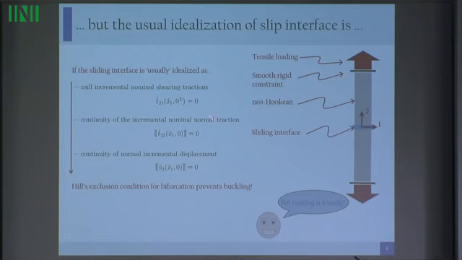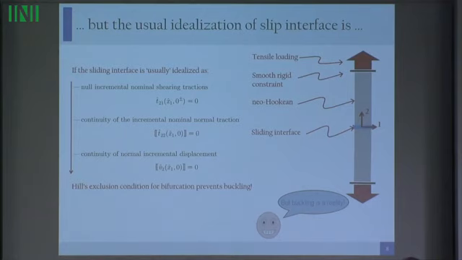If we introduce these conditions in this interface, and this is neo-Hookean subject to tension, there is the so-called Hill's exclusion condition for bifurcation, which says that bifurcations are excluded for this problem. But we know that bifurcations here are reality.